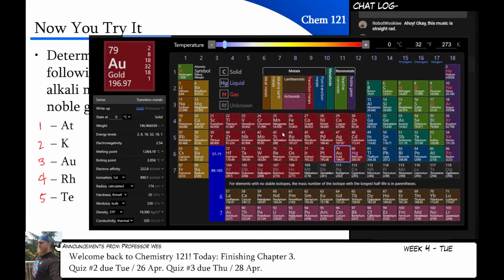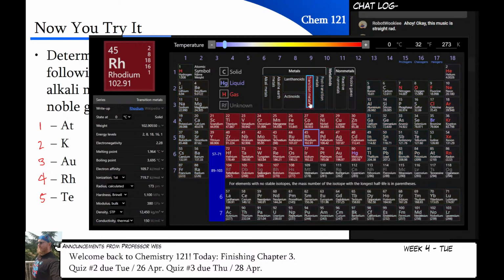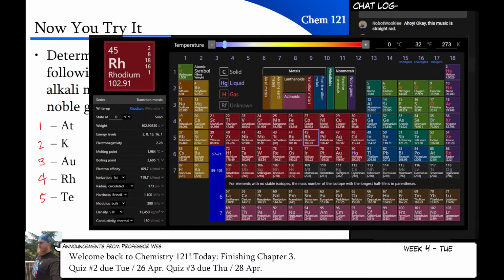And then we've got rhodium, which is also a transition metal, but it's in group 9, period 5. And then finally, tellurium is group 16, period 5, and you could either write chalcogen or none of the above.